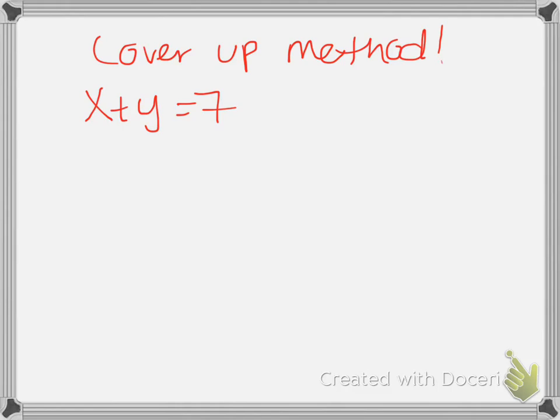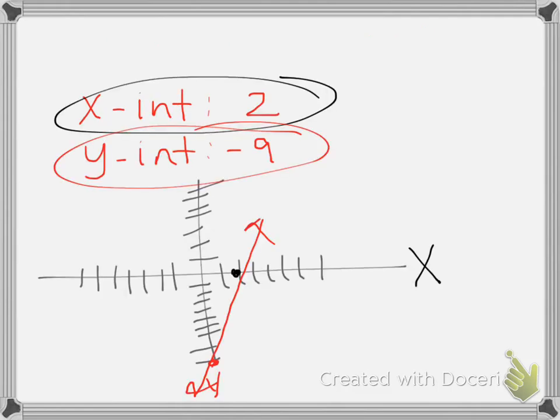Now we're going to try to find it based on an equation. Right now my x-intercept point is sitting at 2, 0. My y-intercept point is sitting at 0, -9.